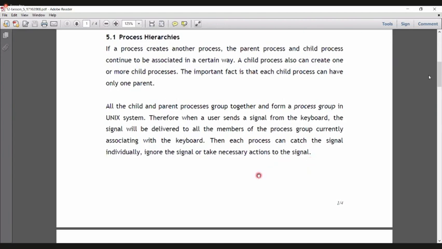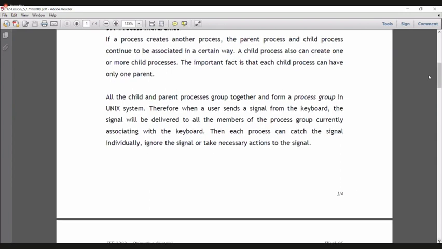All the processes associated with the keyboard are grouped together, so your key entering signal is sent to all the processes in that group. Certain processes, if they are expecting the signal, can process it. If they are not expecting it, they can just ignore the signal. Okay, so that's how they work in the Unix operating system.